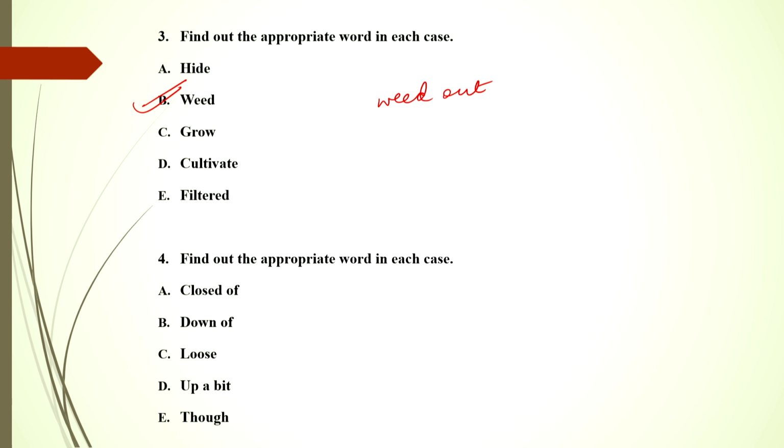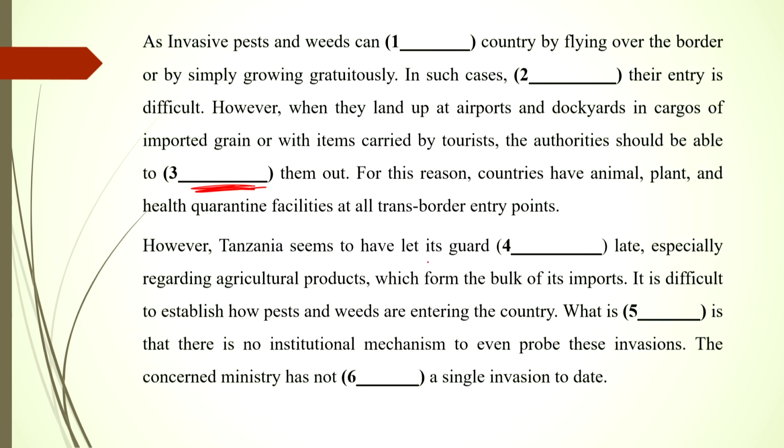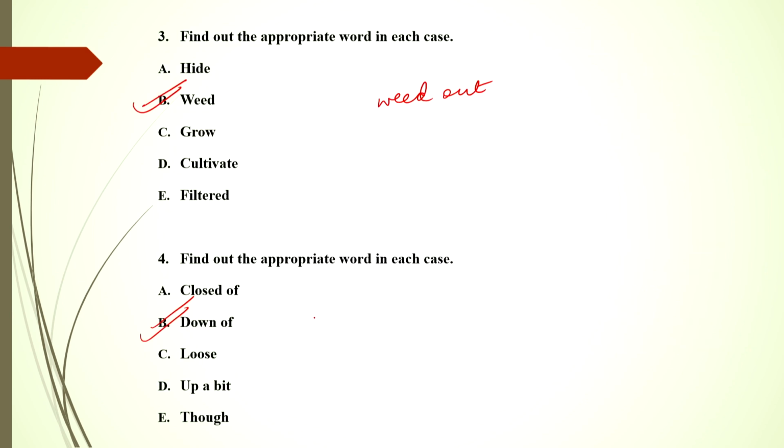Now, moving on to the next question, that is blank 4. Its answer is option B. So, to let one's guard down means to become less guarded or vigilant, to stop being cautious about potential trouble or danger.